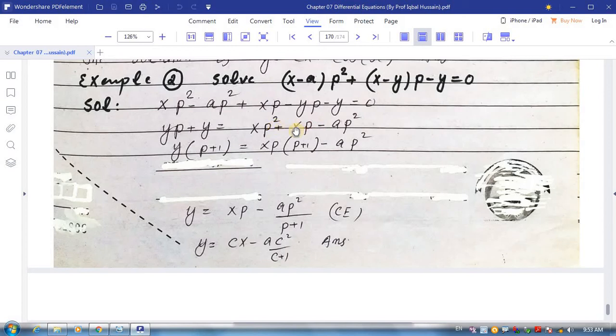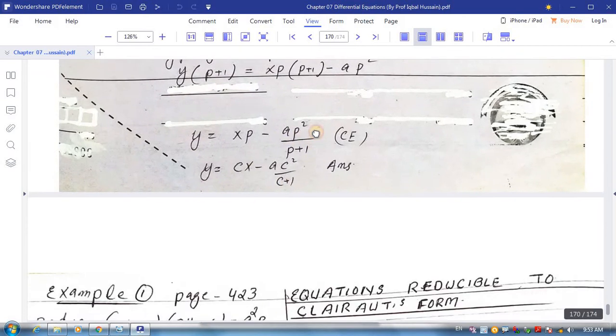Now taking common and dividing this equation by p plus 1, we get y is equal to xp minus ap squared divided by p plus 1. This is a differential equation of the form y is equal to xp plus f of p. So it is Clairaut's equation. For the solution, replace p by c, hence this is the general solution.